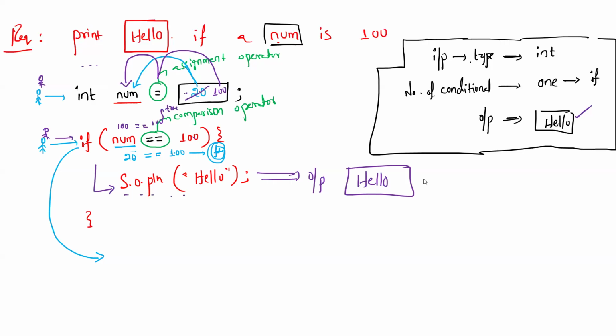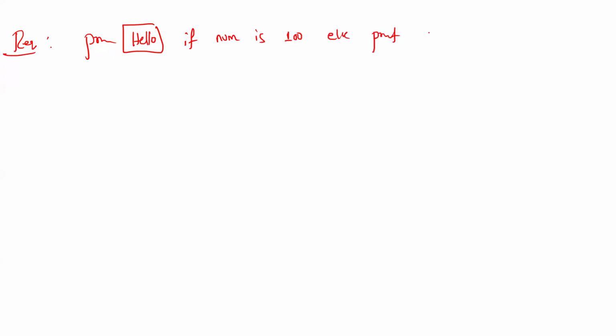We have 8 minutes, so we can do one more. Now I'm asking you to write it. The next requirement: print hello, same as before, if the number is 100, else print welcome. Please write it.